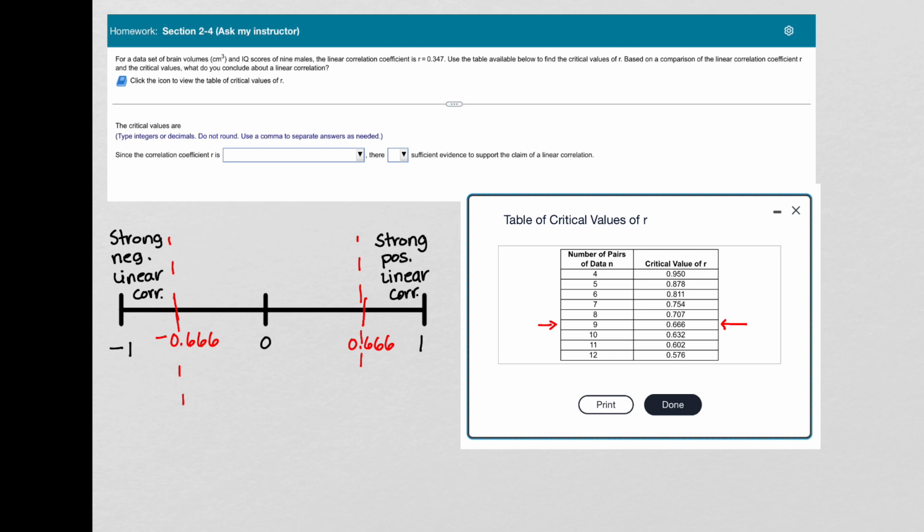And then the third possibility is that we fall in between positive and negative 0.666, and we would say that we have little or no linear relationship or correlation.